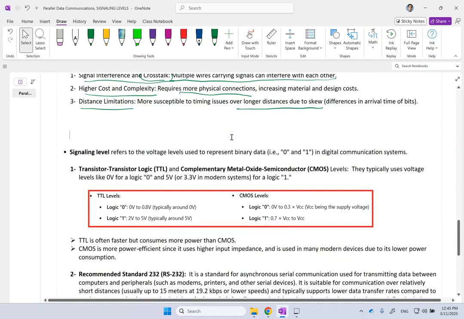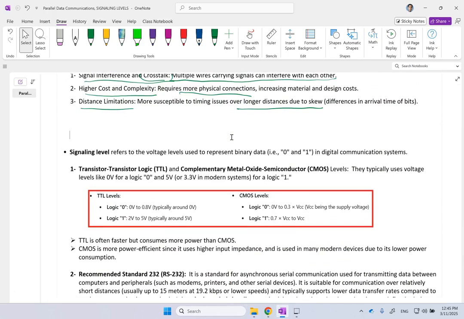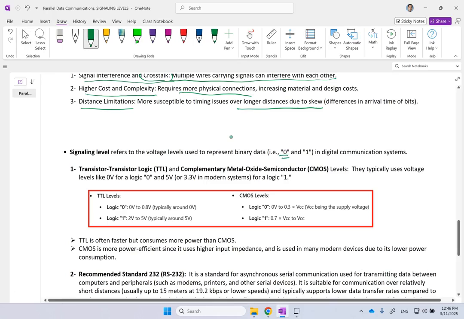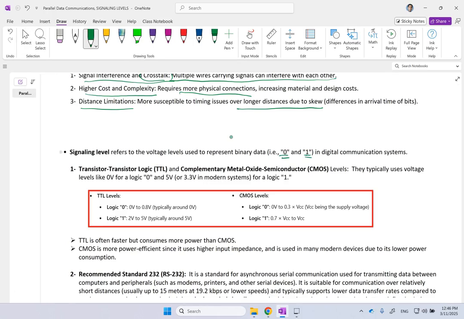The next thing is signal levelings. So we always get used to say that, hey, 0 or logical false means 0 volts and logical 1 or true means 5 volts. Well, not always. Depending on the kind of standard that we are using, different standards use different voltage levels to show a Boolean false and a Boolean true, okay?